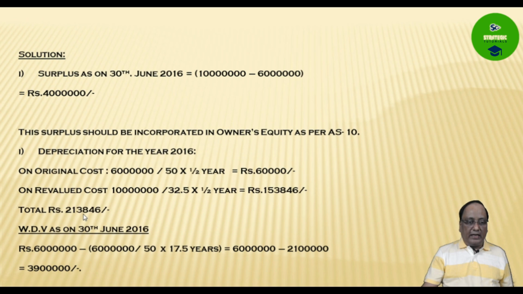So the total is 2,13,846. So WDV on 30th June 2016 is 60 lakhs minus 60 divided by 50 years for the 17.5 years, the proportionate amount. So it is coming to 21 lakhs. So ultimately 39 lakhs.